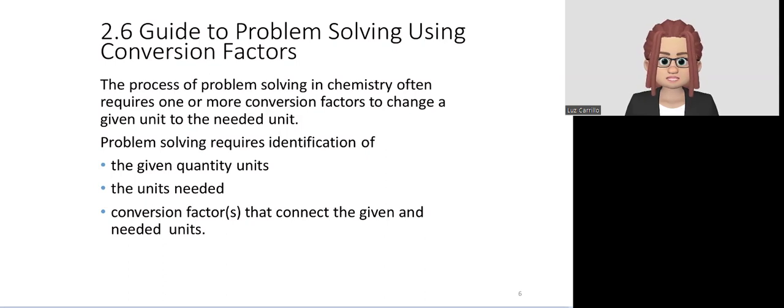We must first identify what is the given quantity units, what are the units that are needed, and then from our toolbox, meaning the equalities that we have in hand, identify the conversion factor or factors that connect the given units and the needed units.